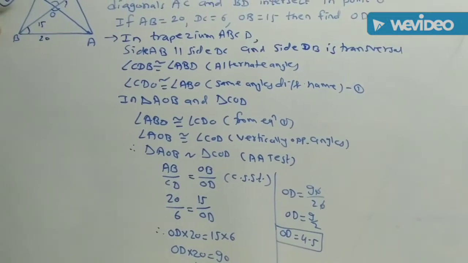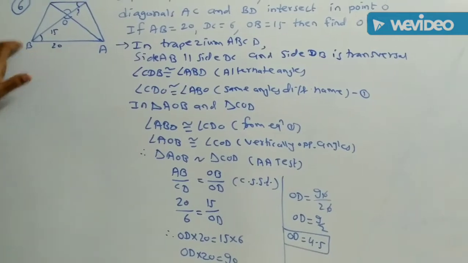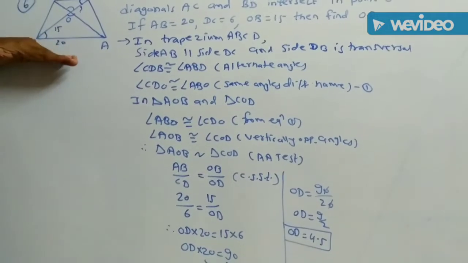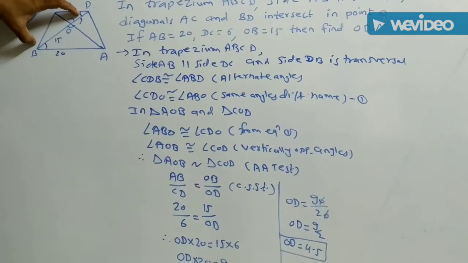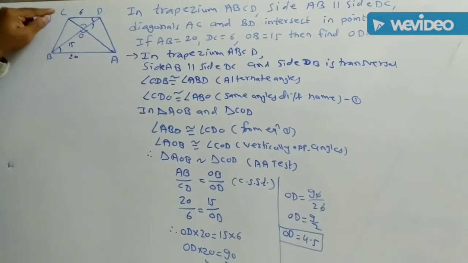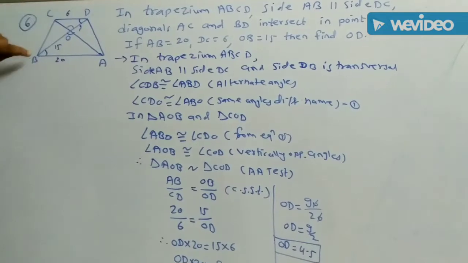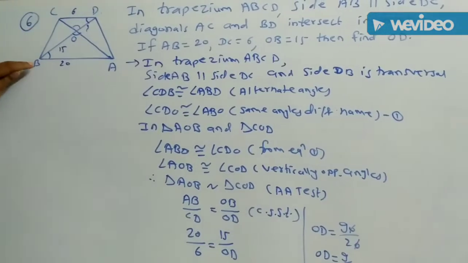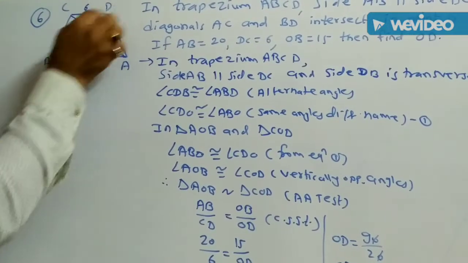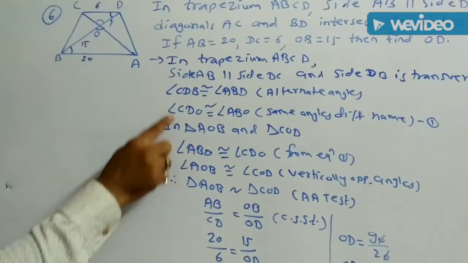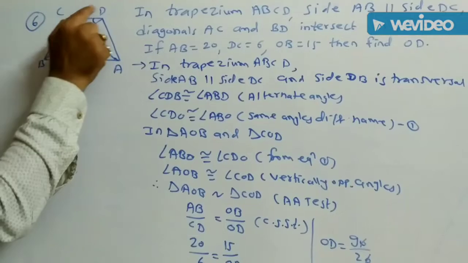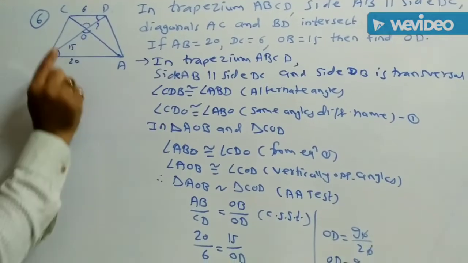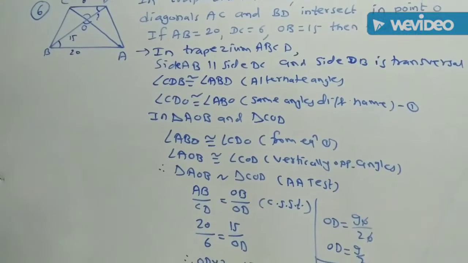Let's see another, that is in trapezium ABCD, side AB parallel to side DC and DB is transversal. Therefore their alternate angles, that is angle CDB and ABD are congruent because alternate angles, but it can be written as CDO and ABO because same angle different name, in equation 1.